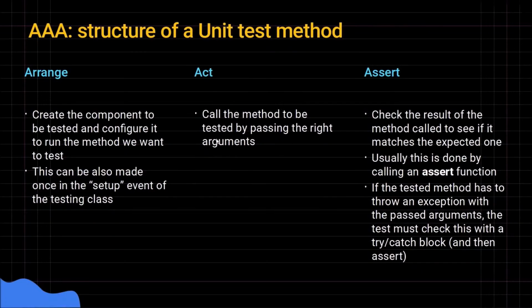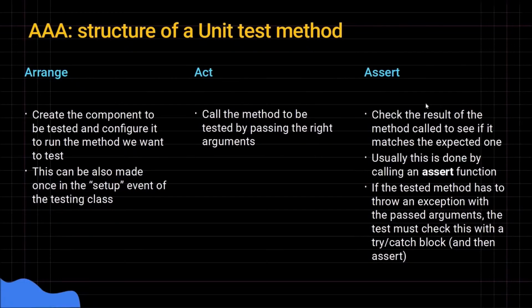With the act, we call the method of the object that we want to test. So we have created and configured the object that we want to test, and then we call the method we want to test by passing, of course, the right arguments.